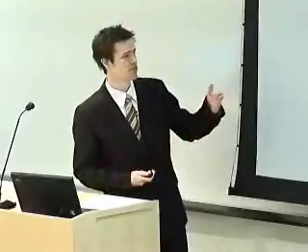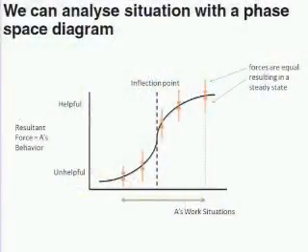At any point, let's take this point, there's going to be what we call an equivalence of forces, a kind of quasi-steady state equilibrium. So at this work situation, his resultant force will be to be helpful. And if we change that work situation, it's going to change his resultant force, going towards helpful or towards unhelpful.